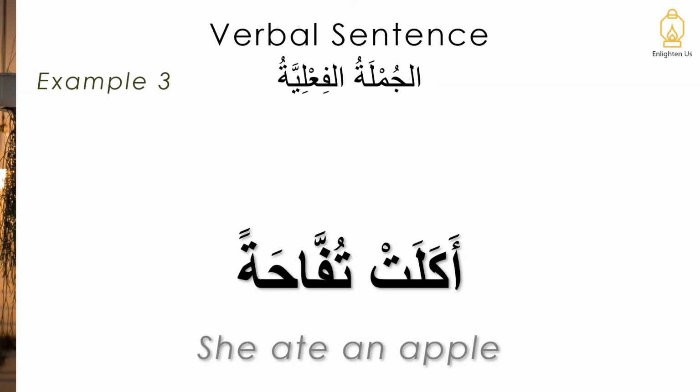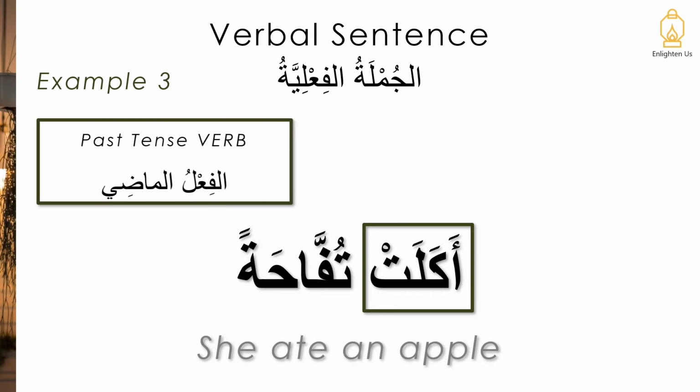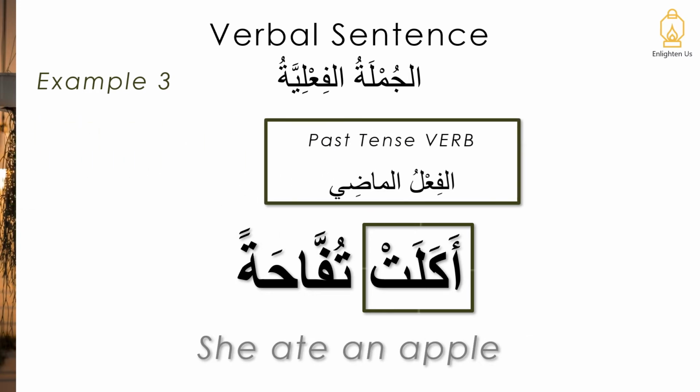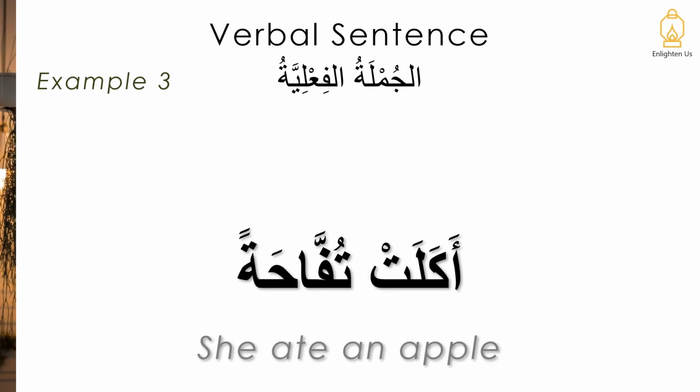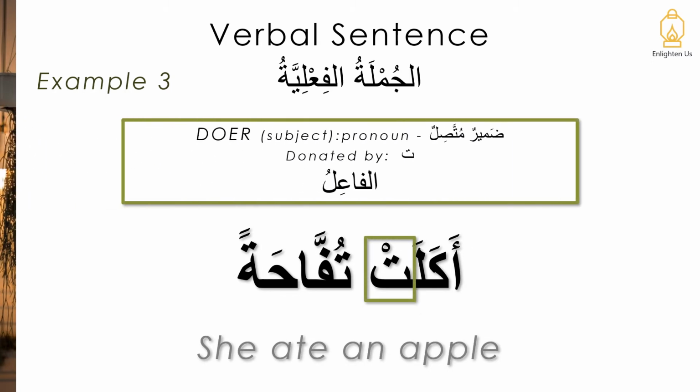Let's look at another example. أكلت تفاحة. So she ate an apple. أكلت is our fi'l. Our fa'il here is the ta'. And again, the ta' denotes she.